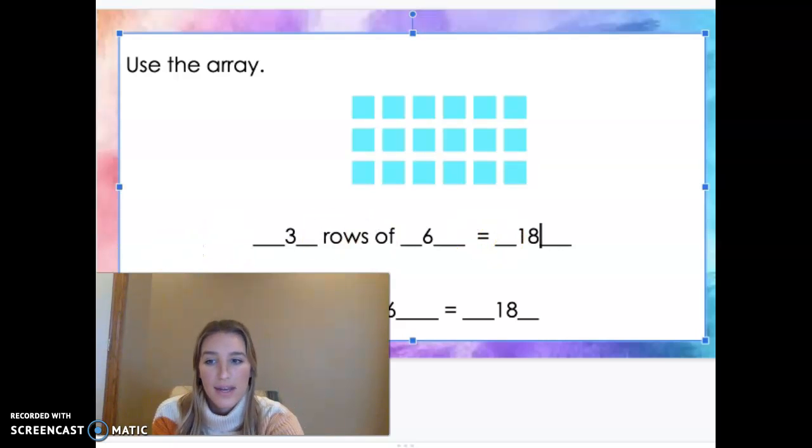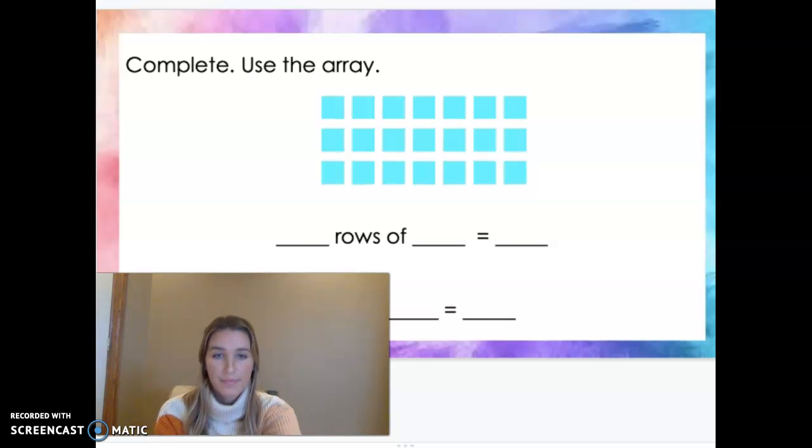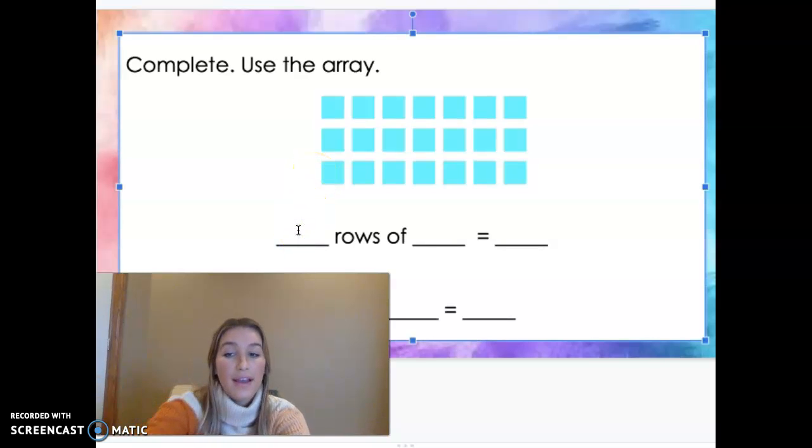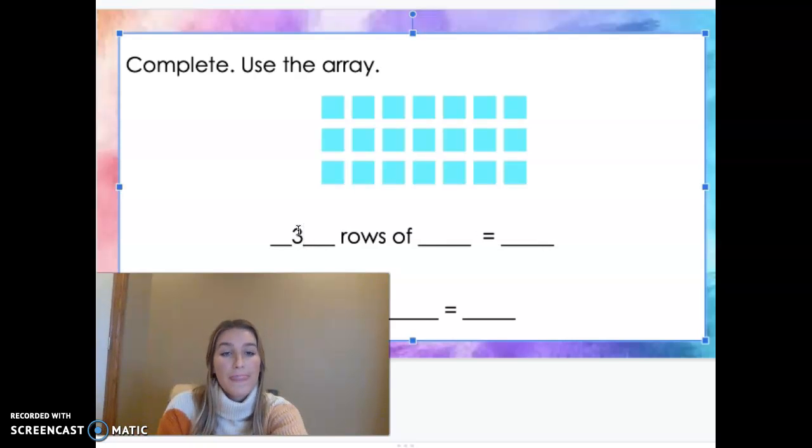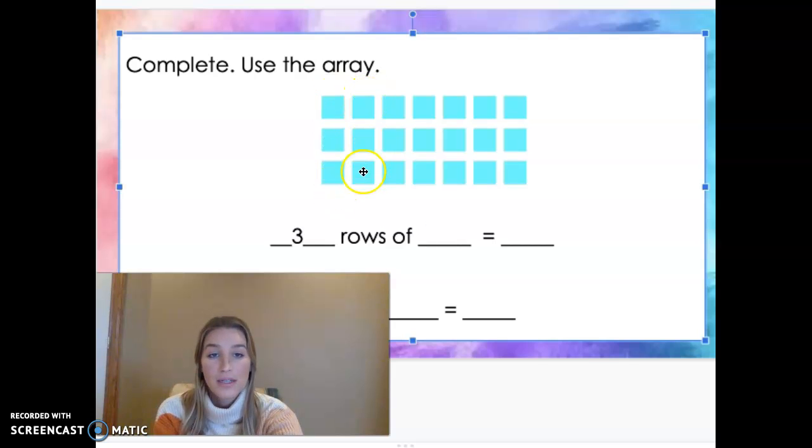Okay, we're gonna do the next one together. Let's see. I see 1, 2, how many rows? I see 3 rows. Then how many are in each row, or how many columns are there? I see 1, 2, 3, 4, 5, 6, 7.